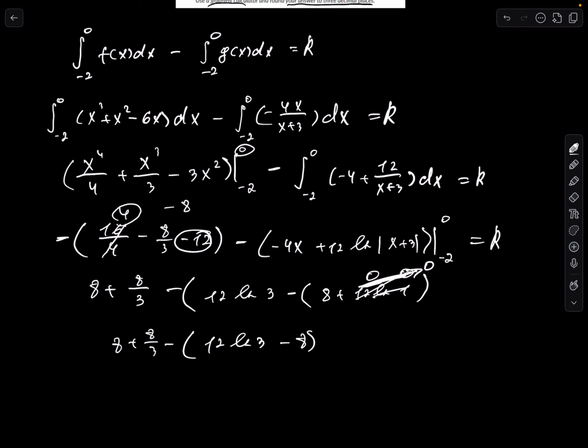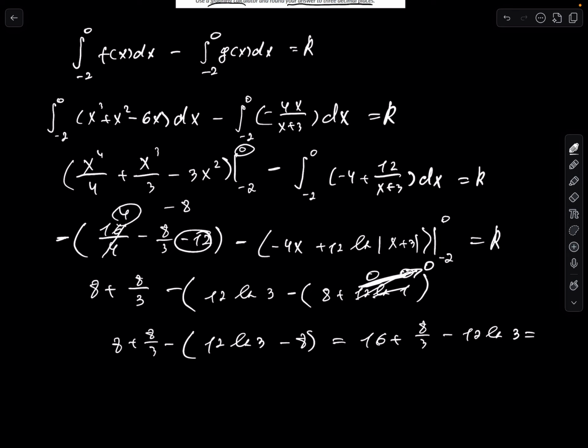They cancel out. So the very last expression we have left is 16 plus 8/3 minus 12 times natural log of 3. Now let's use a graphing calculator to quickly evaluate it. I'm not going to give the exact value because there will be many decimals, but I'm going to give a quick approximation.